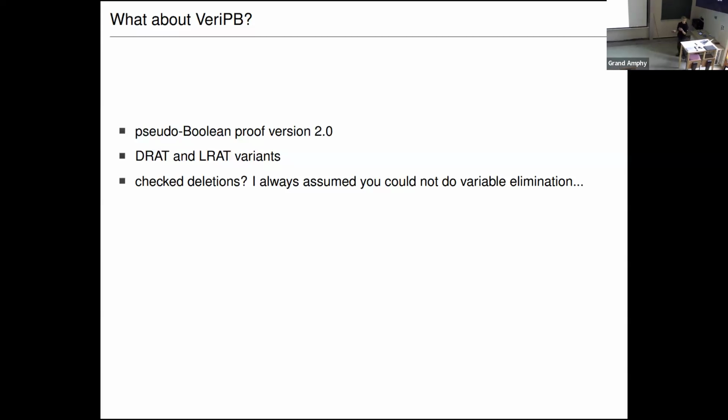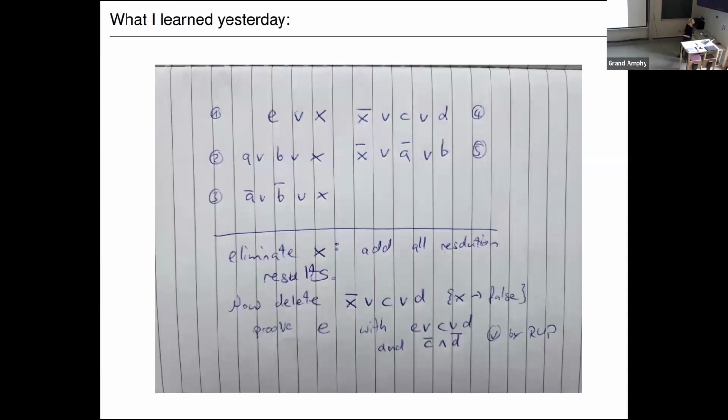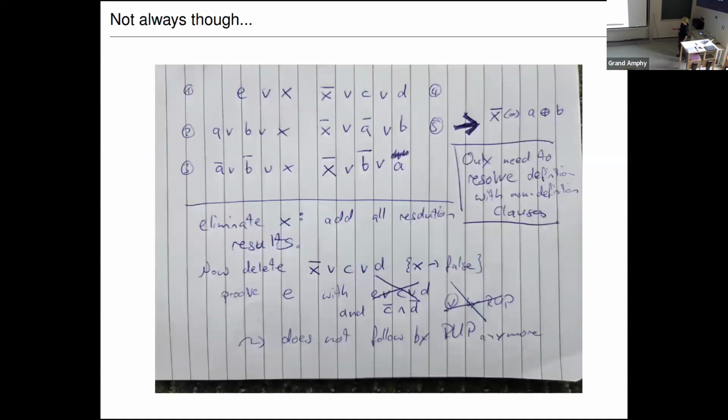And I did look into checked deletions initially, and one thing I always thought is that you couldn't do variable elimination. I learned yesterday that you can. So I have another example. Essentially, you can do redundance-based strengthening also with checked deletions. Not always though.